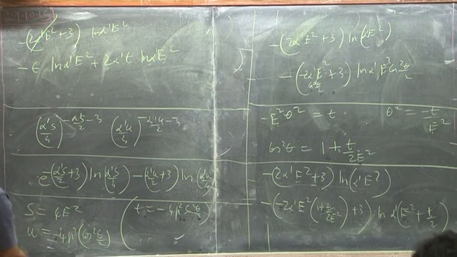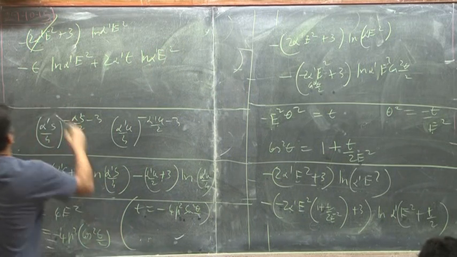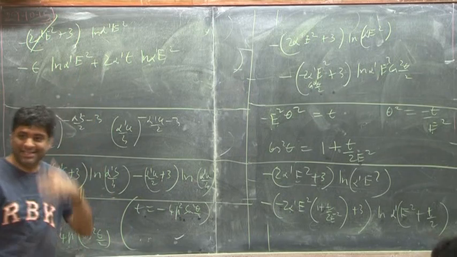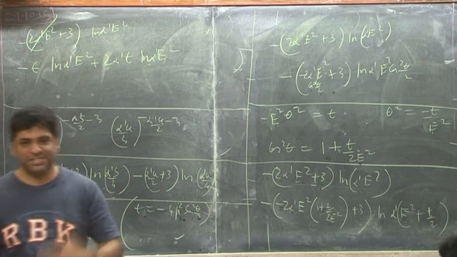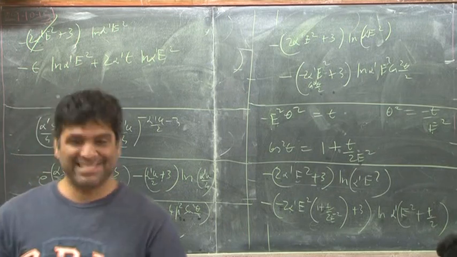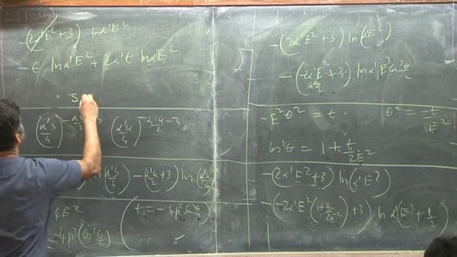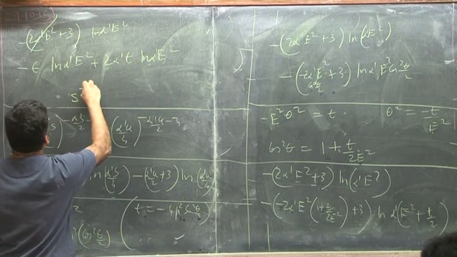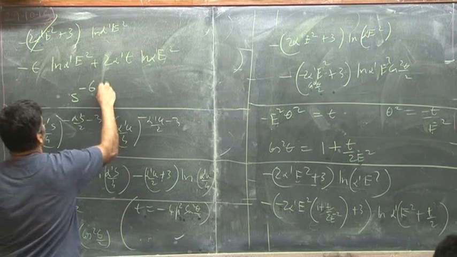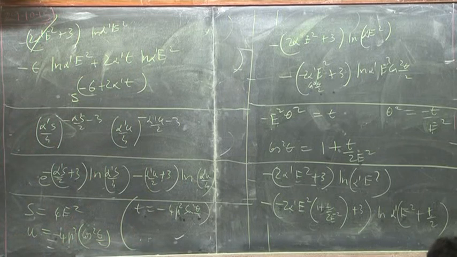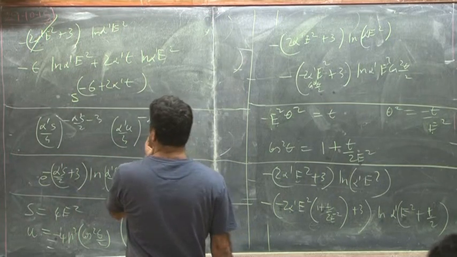Excellent. Okay. So now we've got this log alpha prime e squared in the exponent, which is just s downstairs. So this thing is s to the power minus 6 plus 2 alpha prime t. And I think we probably want to write this in some funny way.